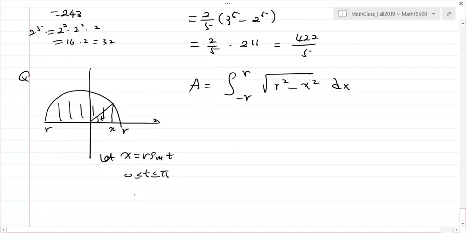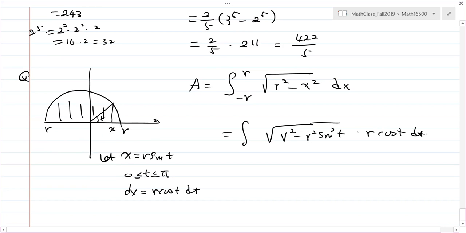What is dx? dx is r cosine t dt. I assume that you know all the formulas for sine and cosine. So now the integral is the square root of r squared minus r squared sine squared t, times r cosine t dt, with t between 0 and pi.